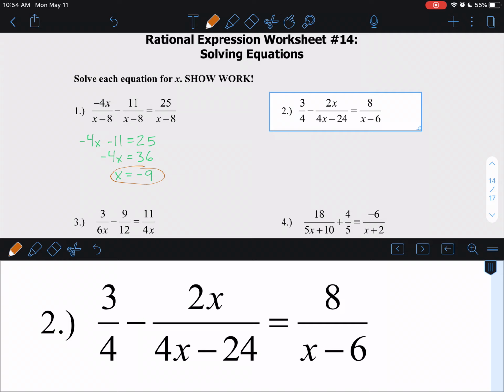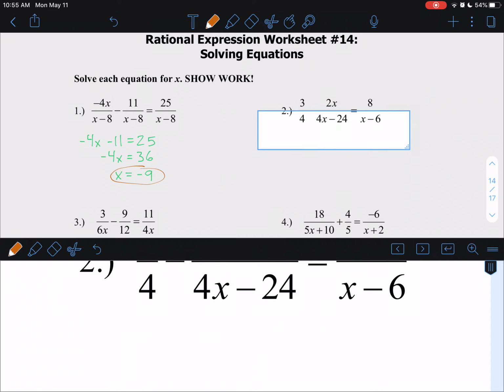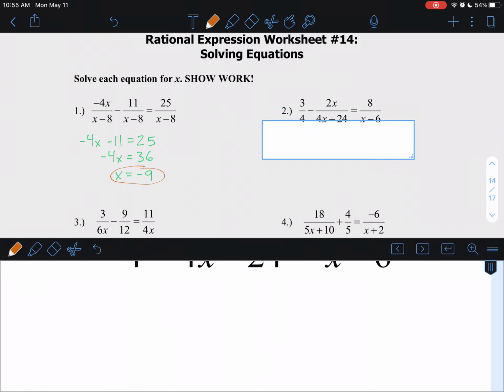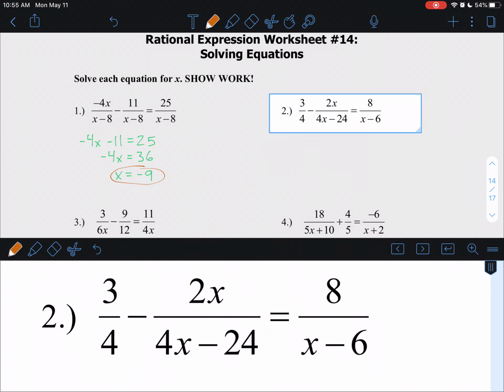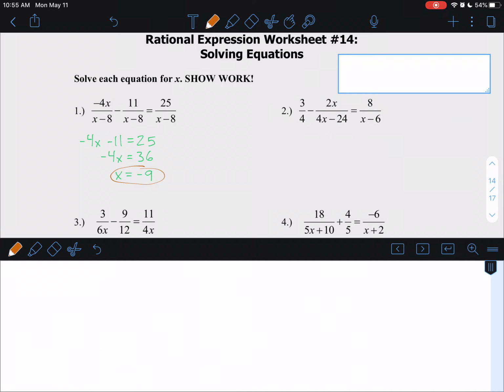The second fraction, 2x over 4x minus 24, already has 4x minus 24 as its denominator. But 3/4, I need to change that denominator into the 4x minus 24. To do so, I'm going to multiply it by x minus 6, I believe.